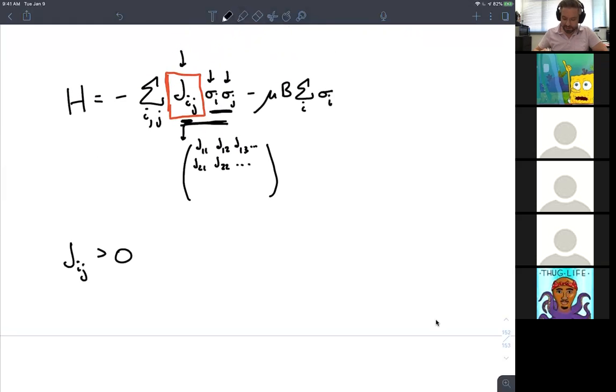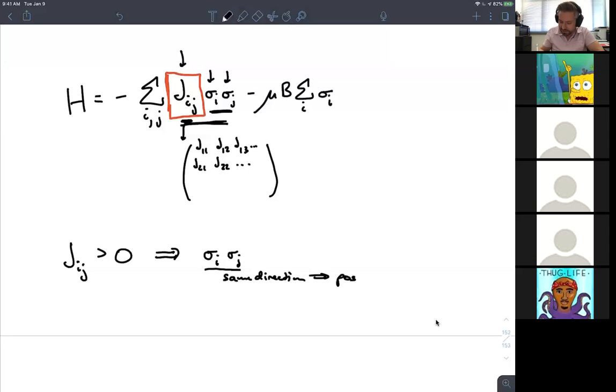So if they are positive, that means that when you look at sigma I times sigma j, if sigma I and sigma j are both pointing in the same direction, either +1, so you get +1 times +1 is +1, or they could both be pointing down, so -1 times -1 is +1. Okay, so as long as these are both pointing in the same direction, you get a positive number.